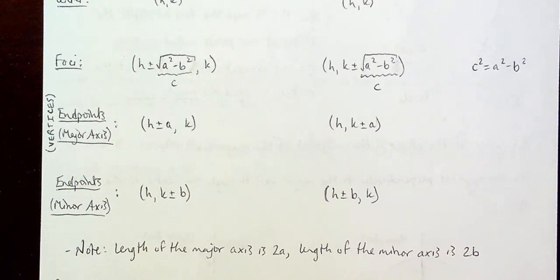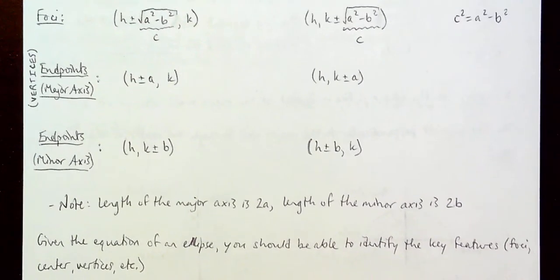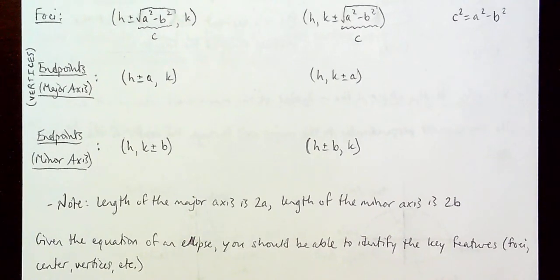And if it's vertical, it's going to be h plus or minus b, comma, k. Just as a quick note, the length of the major axis is always 2a. The length of the minor axis is always 2b. That's just a little fun side fact.